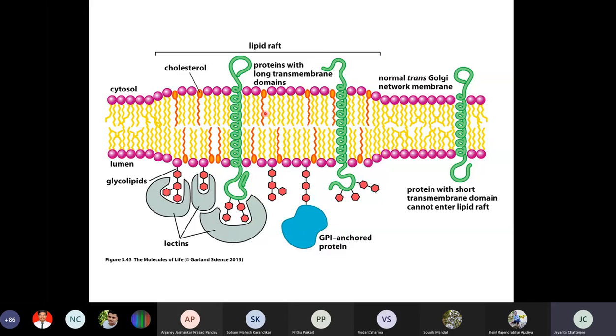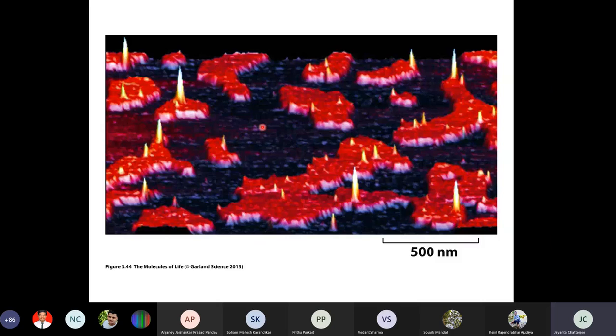In these regions, the presence of cholesterol makes them very rigid. So obviously, diffusion is a lot less than in the regular regions. All right. Okay, so this is lipid rafts, and you can also use very nice techniques called atomic force microscopy.